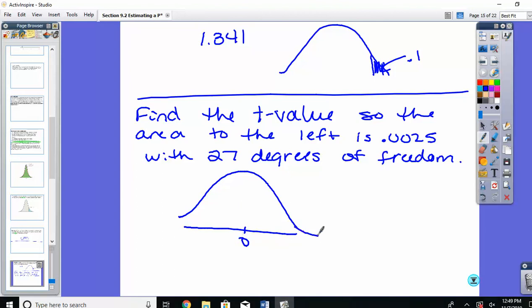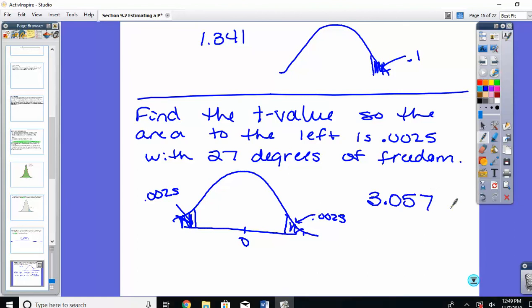Your table only gives you the positive t's. But we want the area to the left to be 0.0025. So let's find the one where the area to the right would be 0.0025, because that's what our table tells us. So we need 0.0025, 27 degrees of freedom.